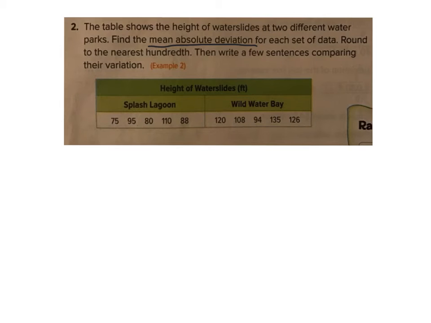Let's start with the Splash Lagoon, and we want to find our mean. The way we do that is we add all these numbers up, and we divide by 5.